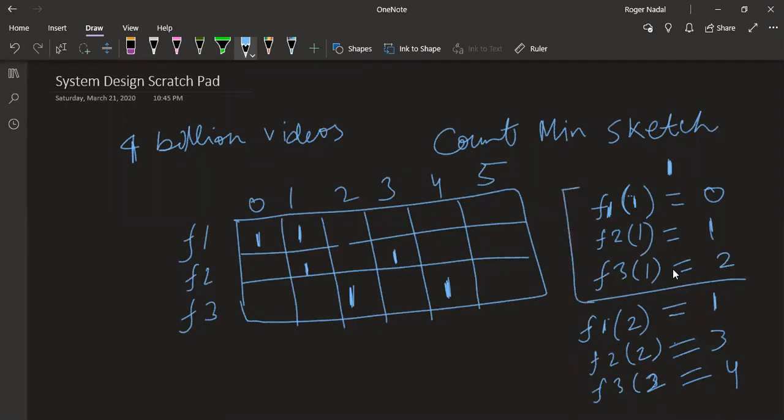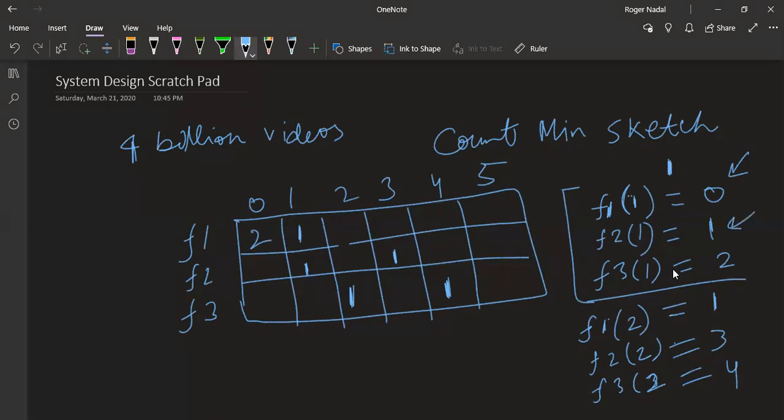We already know the positions for F1, F2, F3. We go to 0 and increase the count, so it was 1, and I will make it 2.